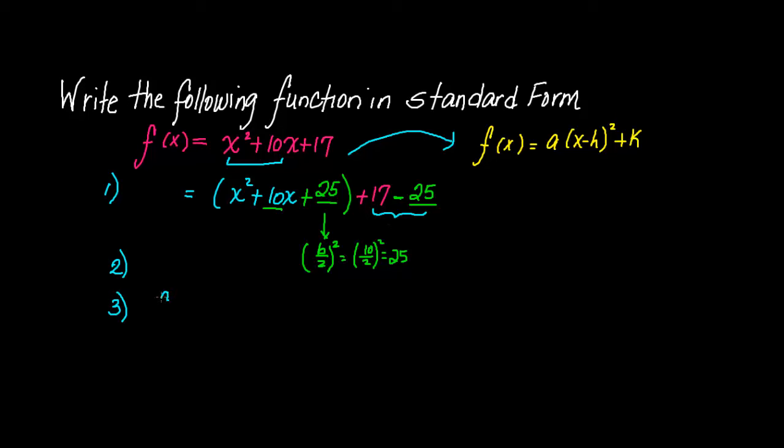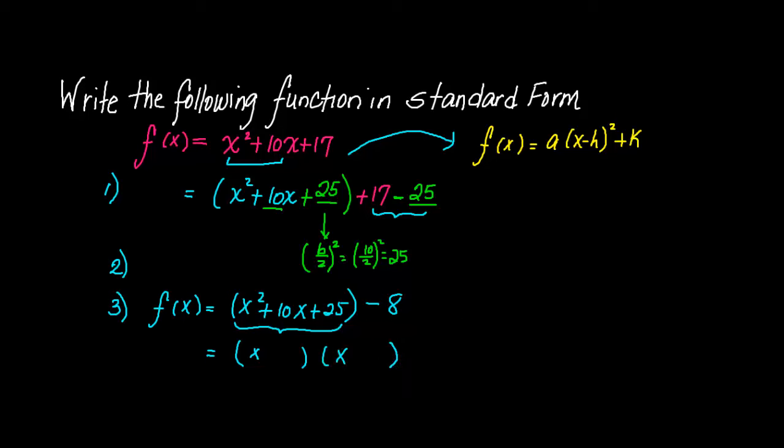So let's go ahead and rewrite this function as f of x is equal to x squared plus 10x plus 25, and outside the parentheses, minus 8, negative 8. And now we are going to take this piece here, which is the perfect square trinomial, and we will factor it. And this will factor like this.